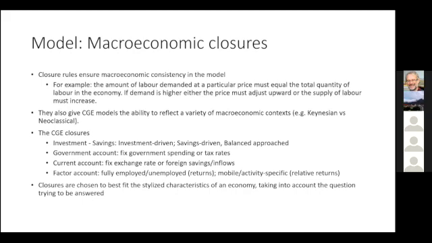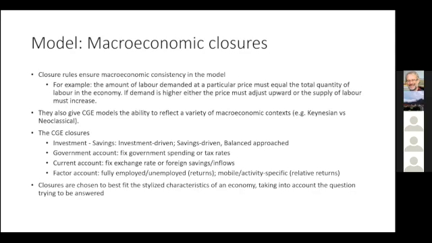And then on the factor account, so this is for labor and capital and any other production factors that might be included, there's the option to have these factors either fully employed or unemployed. Depending on the closure, your wages would adjust. And then factors can also be mobile or activity specific, and that would affect the relative returns of factors.